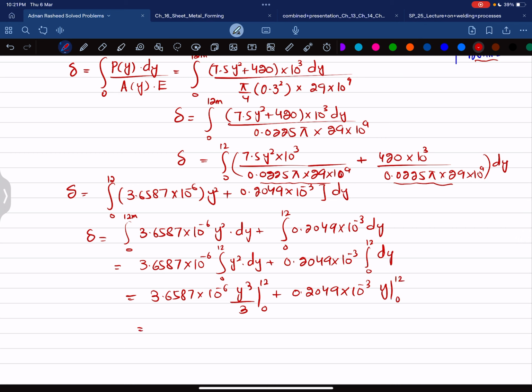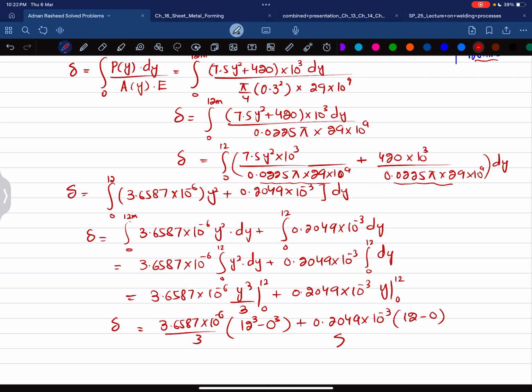Okay, so just put the values: 3.6587 into 10 raised to power minus 6 divided by 3 times 12 cube minus 0 cube, plus 0.2049 into 10 raised to power minus 3 times 12 minus 0. That will give you change in length.